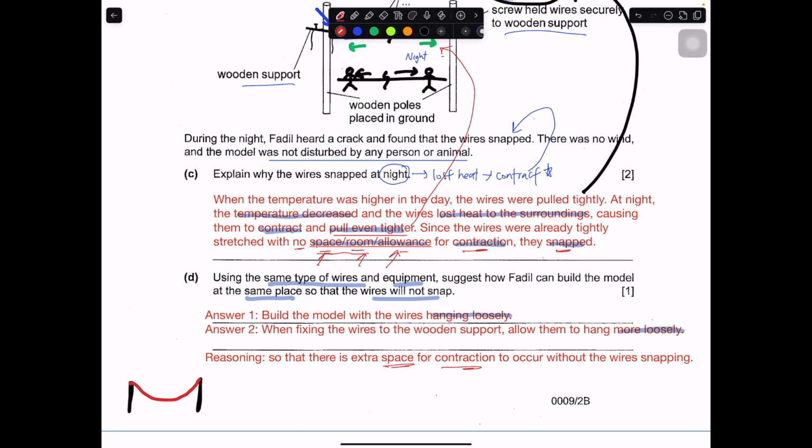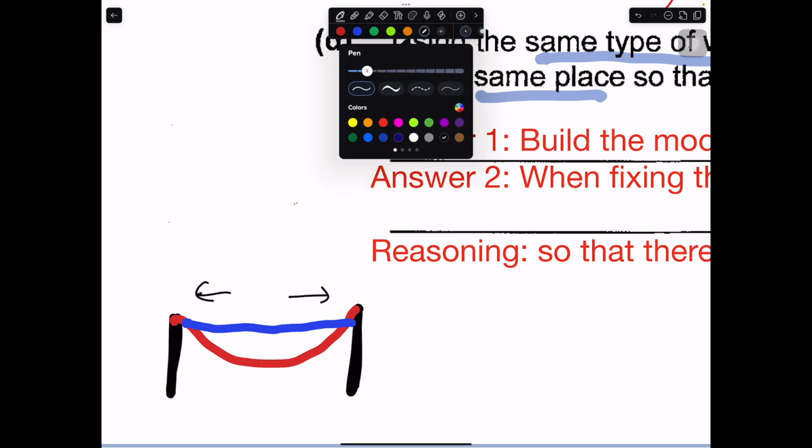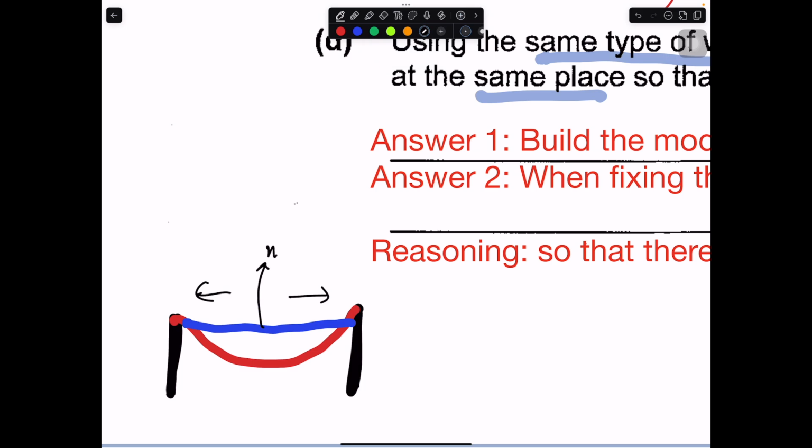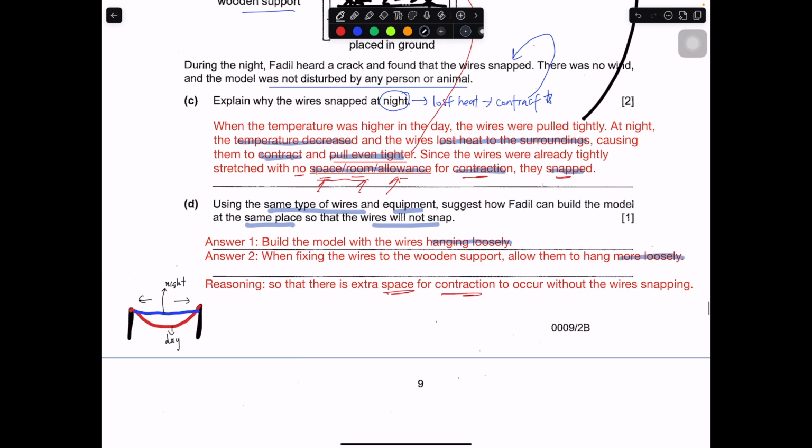So even at night when they contract, they become smaller, right? They will more or less become like that. And the blue color is at night. So they will still not snap, even though there is a pulling force acting on the two ends. It will be like the one in the blue color. This is at night. Then this is during the day.